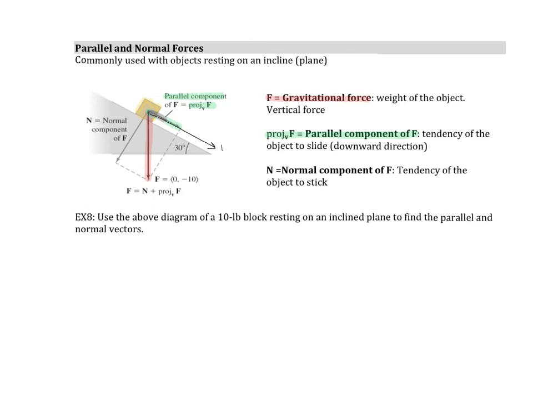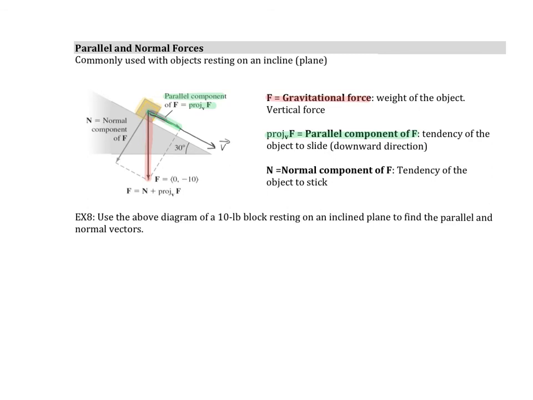So this would be our v. So you imagine a flashlight sort of underneath this time, and we're looking at the shadow of F onto my vector v, and that would form this parallel component of my force vector F.